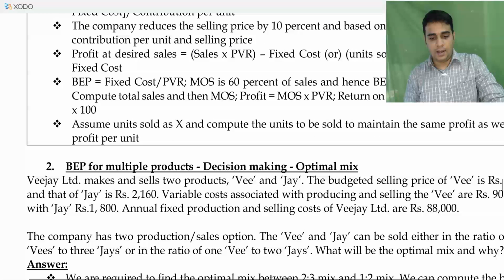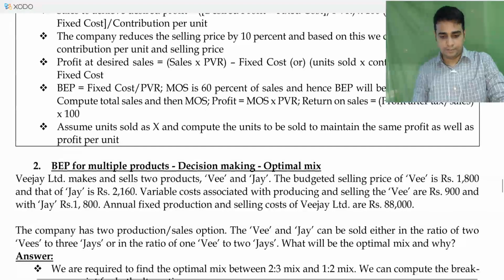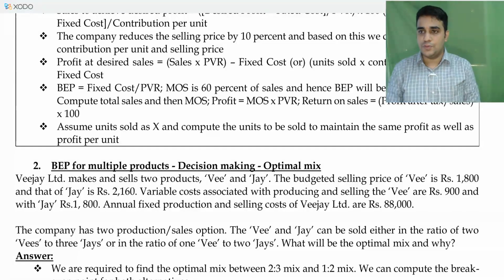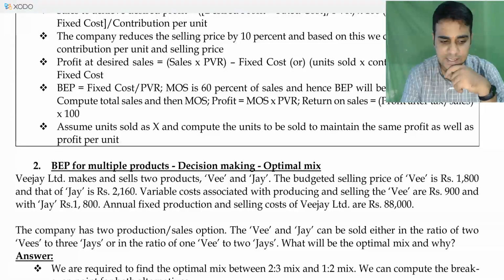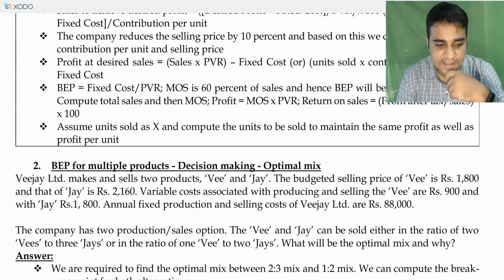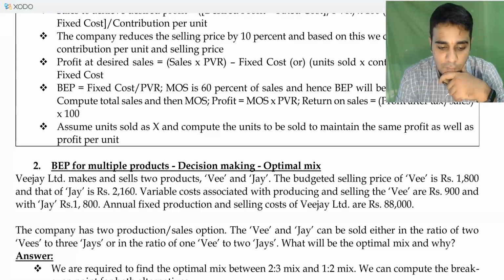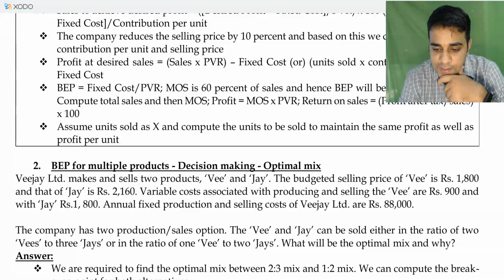Okay, I'll come to question 2 then. VJ Limited makes and sells two products V and J. Budgeted selling price is 1800, J is 2160. Variable cost associated with producing and selling is 900 and 1800.